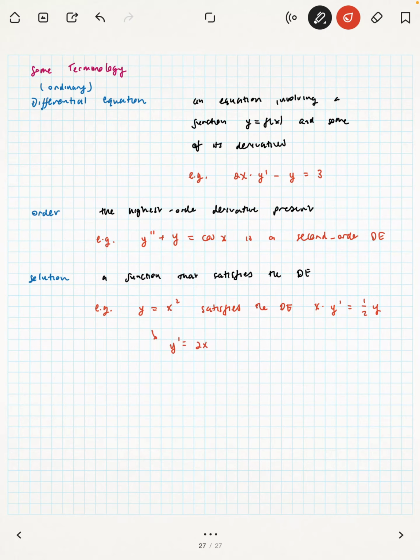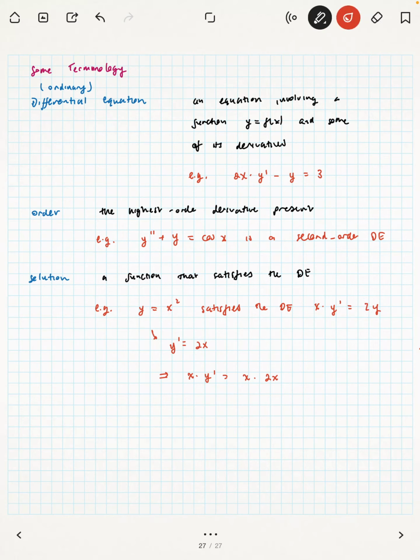And so if you replace the left side, x times y prime, don't worry about the right side of the equation, just simplify what this means. So that's going to be x times 2x. Oh, whoops, sorry. I messed up.